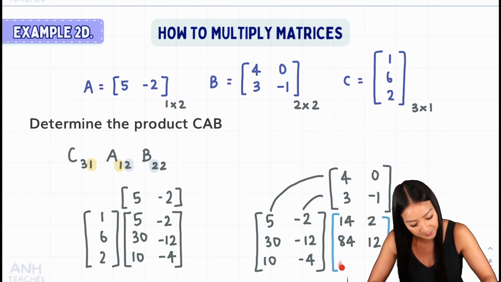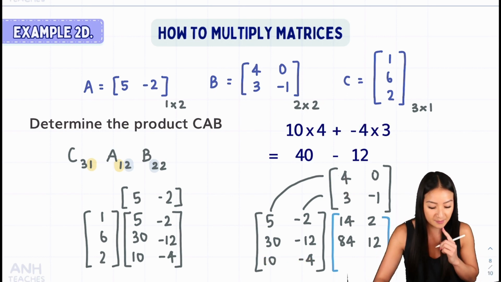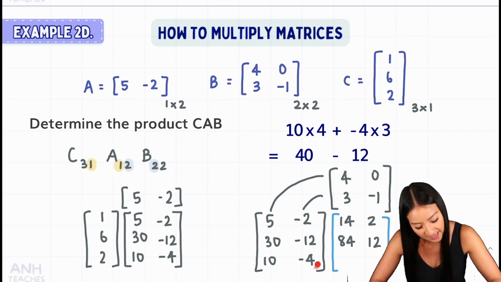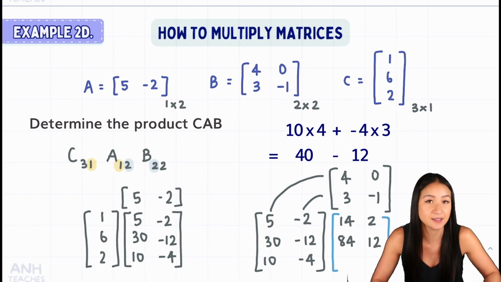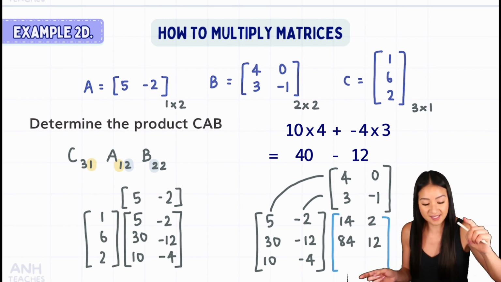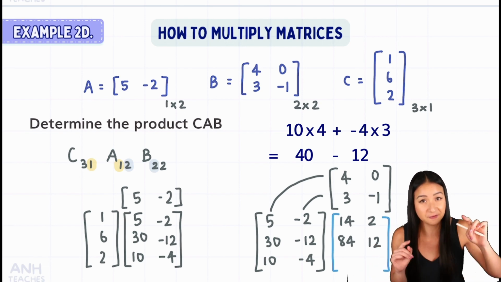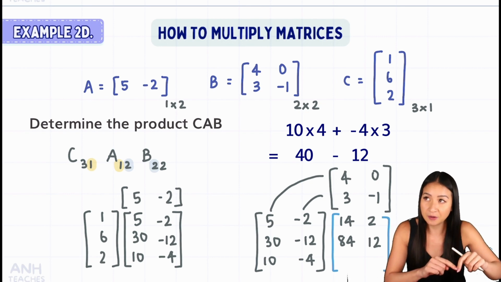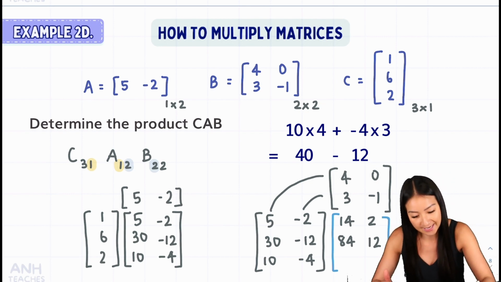Moving on to this element here, I'm going to be using this row and this column, starting with the outermost values. 10 times 4 is 40. -4 times 3 is -12. So I've got 40 plus -12, which is 40, take 12, that is 28.